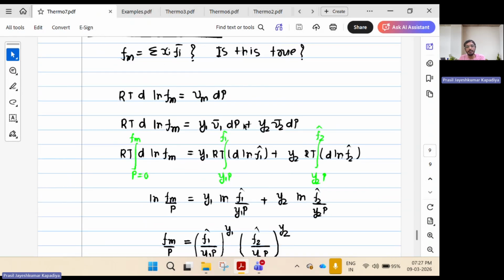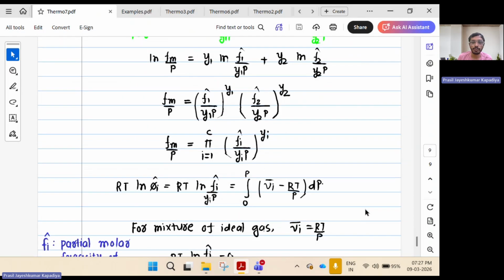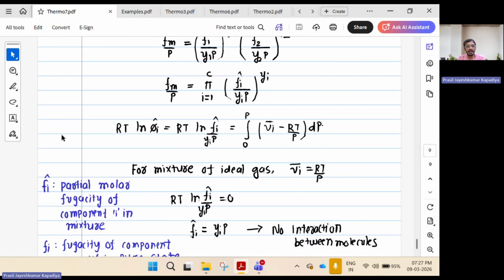And again, V1 bar dP is RT d ln F1 cap, meaning the partial molar fugacity of component 1 in the mixture, and likewise the partial molar fugacity of component 2 in the mixture. When we rearrange, we see that the fugacity of the mixture Fm by P is equal to (F1 cap by y1 P) raised to y1 times (F2 cap by y2 P) raised to y2. That is also applicable to the fugacity coefficient.